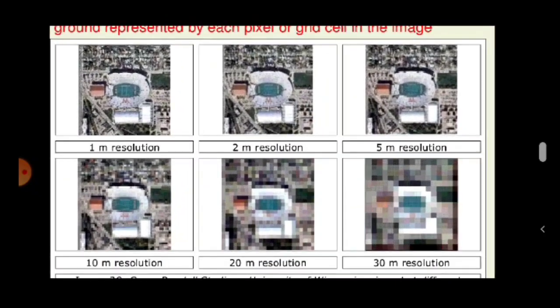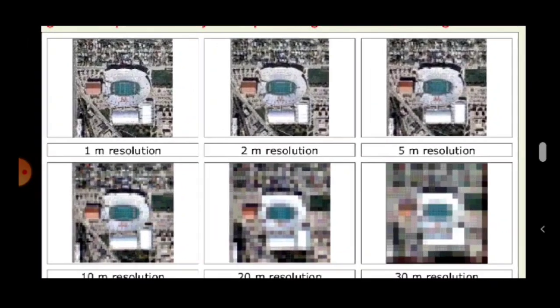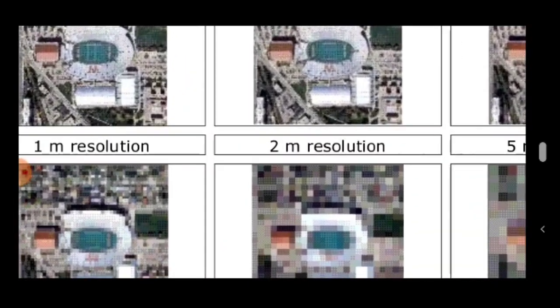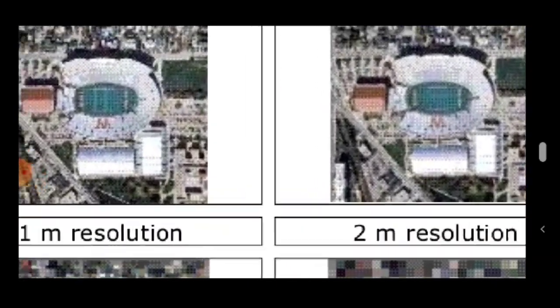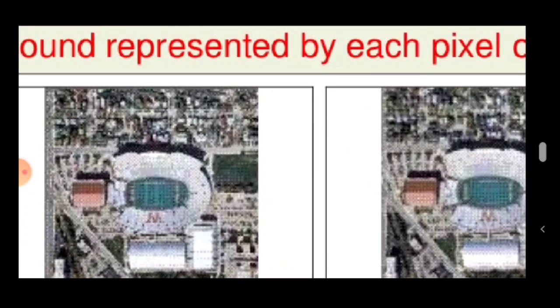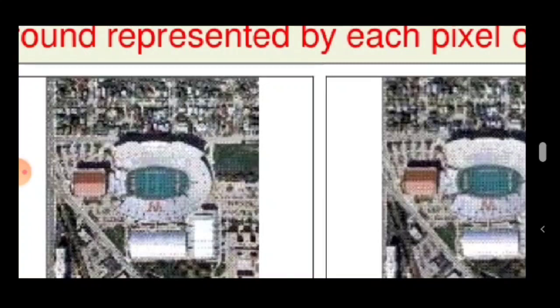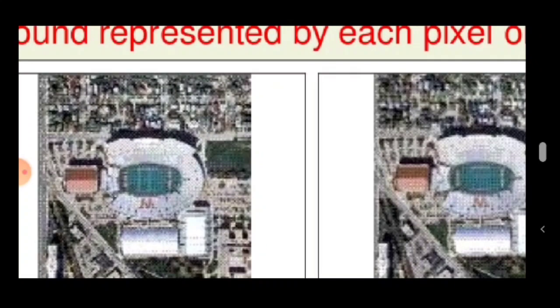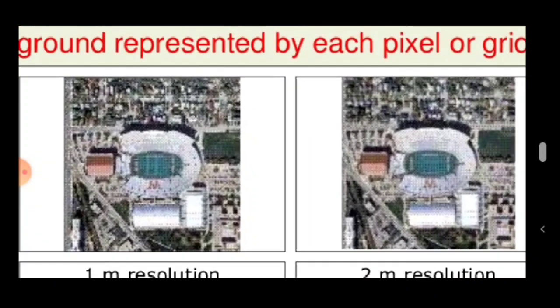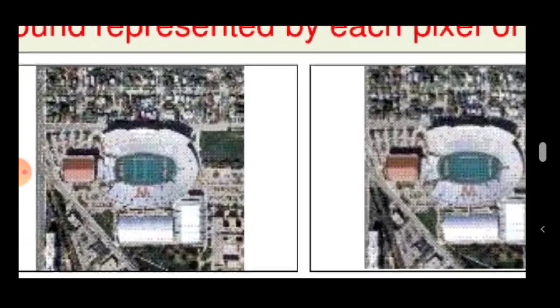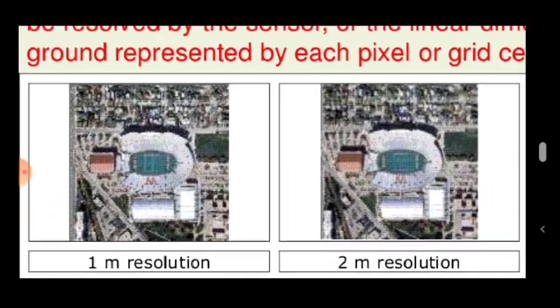Here you can see that 1 meter spatial resolution means 1 pixel represents 1 square meter, so much detail can be obtained.